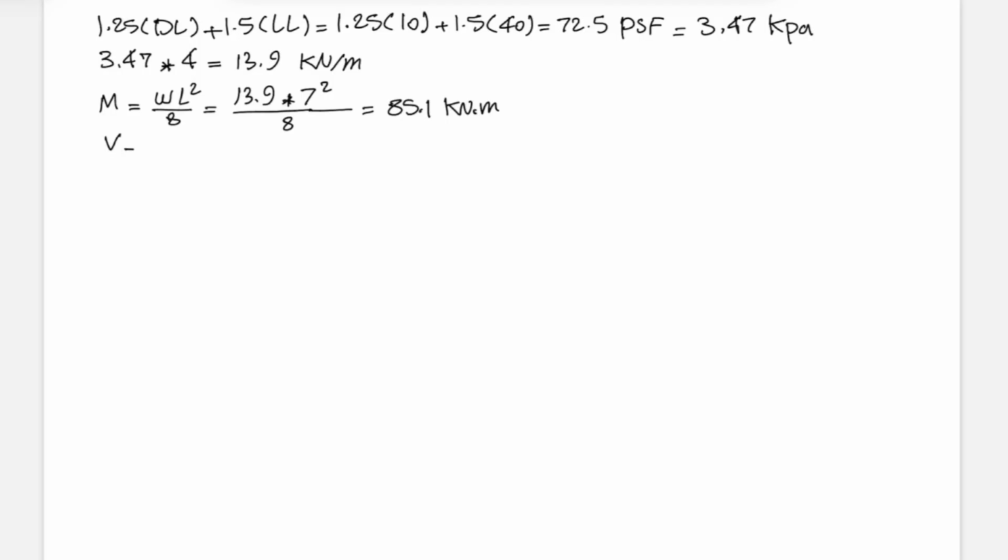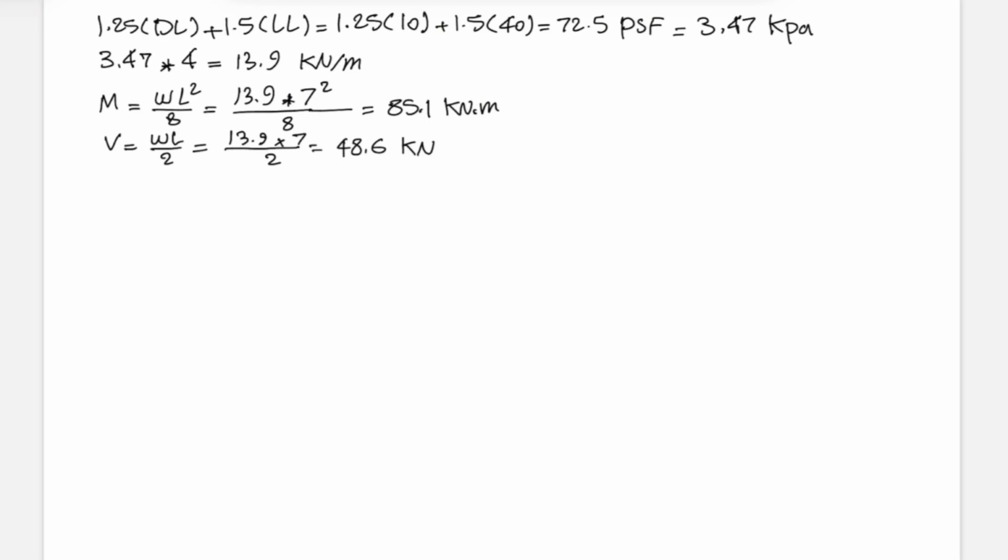Now shear. For shear, we have W multiplied by L divided by 2, equals 13.9 multiplied by 7 divided by 2. That gives us 48.6 kilonewtons of shear.